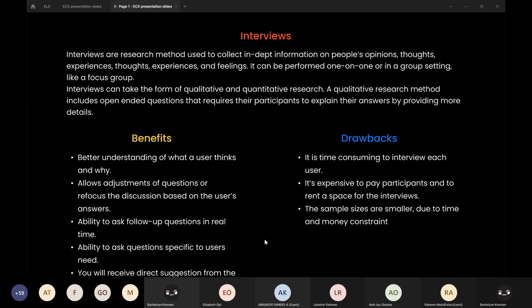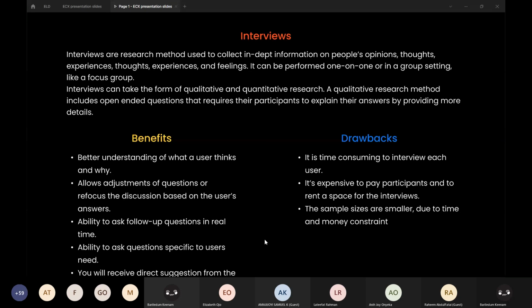It also allows the ability to ask questions specific to users' needs. When you're conducting an interview, you might change the question based on the user. You might be thinking initially that this user needs a certain thing, but when you get to meet and talk to the user, you might find out that this person actually needs a different thing. That's what we mean by asking questions specific to users' needs.